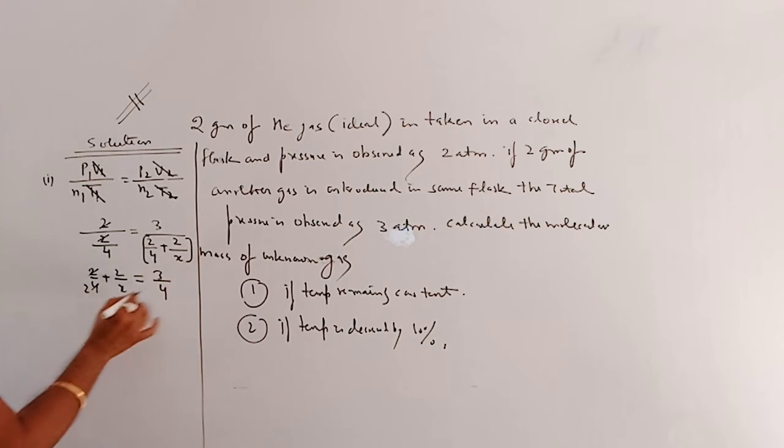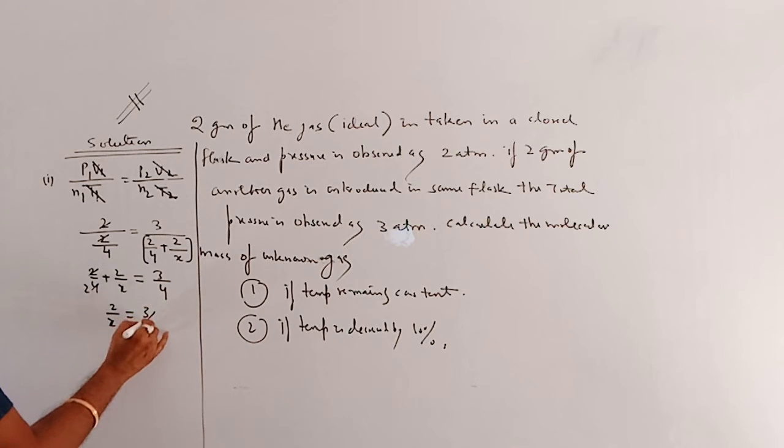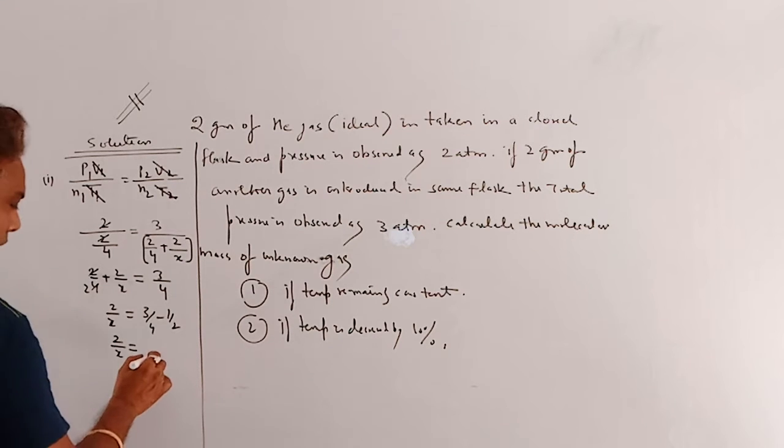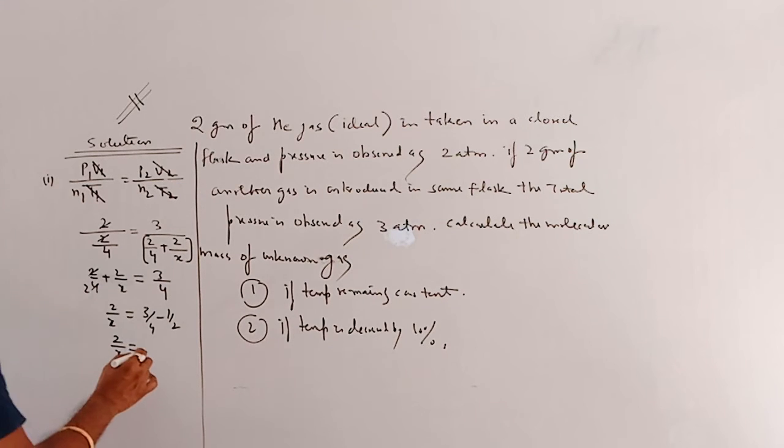So here is 1/2. So 2/x is equal to 3/4 minus 1/2. So 2/x is equal to, 4 is the LCM, so 3 minus 2, it is 1/4.